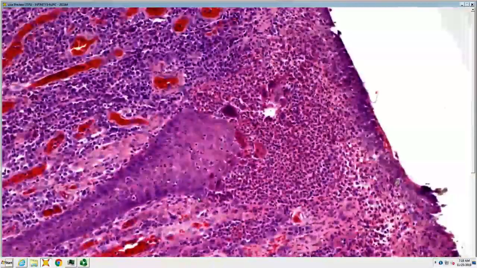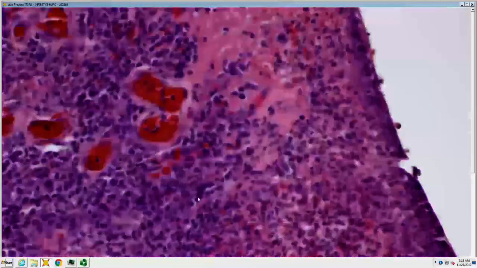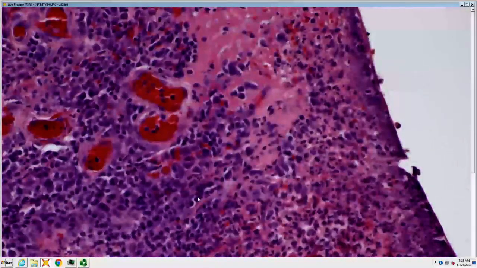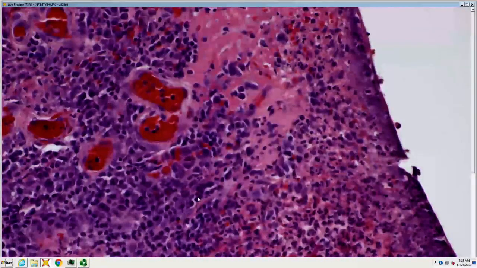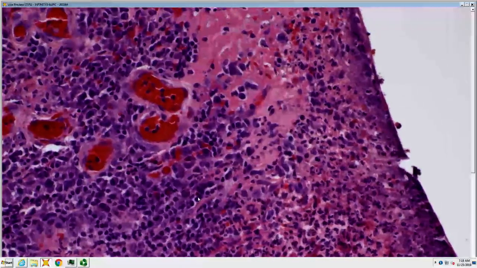There we go. So, could be ulcerative zoster. The sheets of plasma cells were a clue that this was a penile ulcer in someone immunosuppressed.